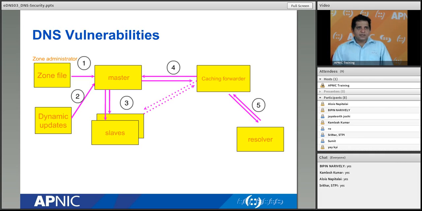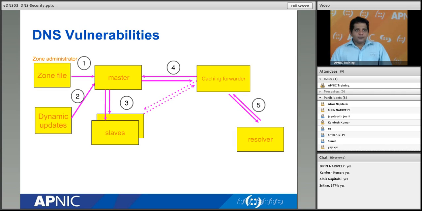So we have zone transfers. That's number 3. These are actually transactions in a way. So we write zone files, that's number 1. We do zone updates through dynamic DNS, number 2, dynamic updates. Number 3 is zone transfers. Secondaries get the zone files from primary.